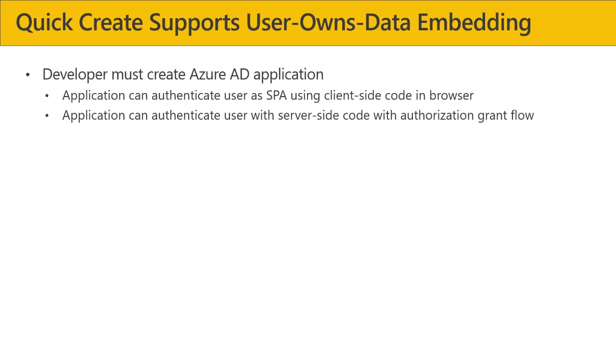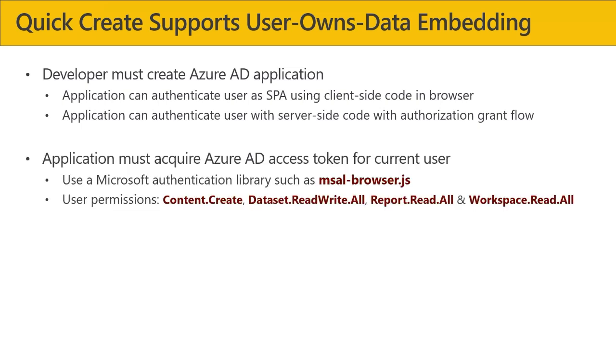You can do that. If you would rather use server-side code and authenticate the user with something like the authorization grant flow, where an authorization code gets sent back to the browser and then you need server-side code with a key, either one is supported. You just have to be able to create an access token for the current user.